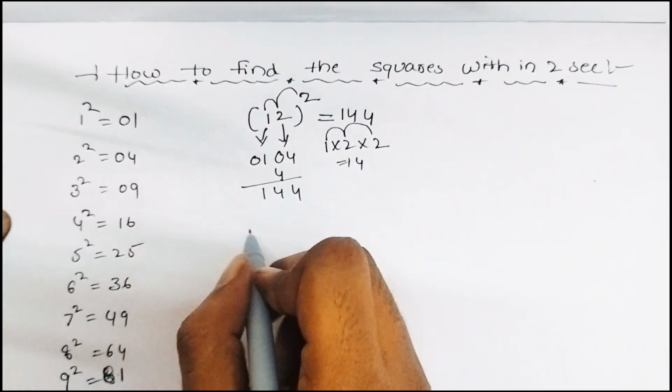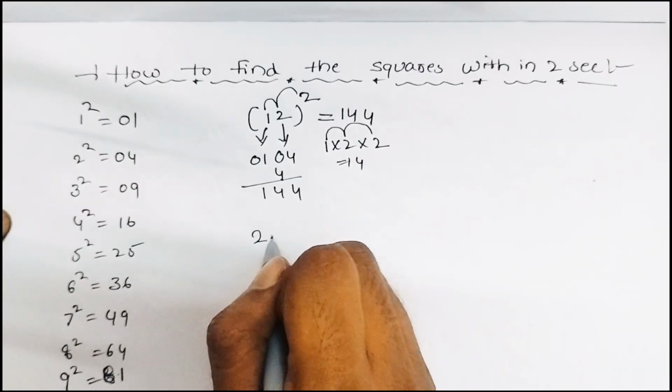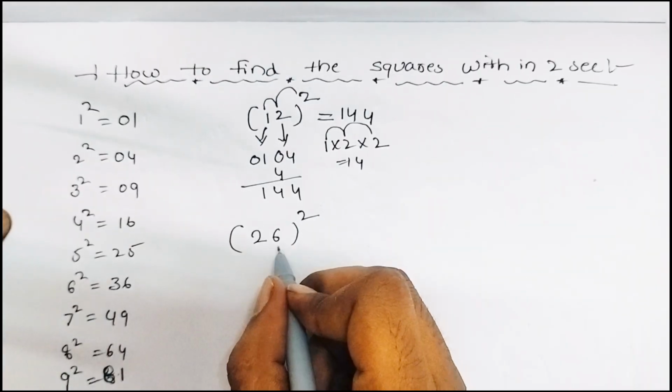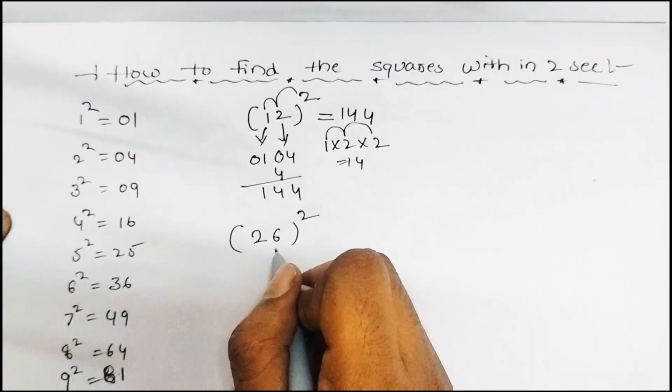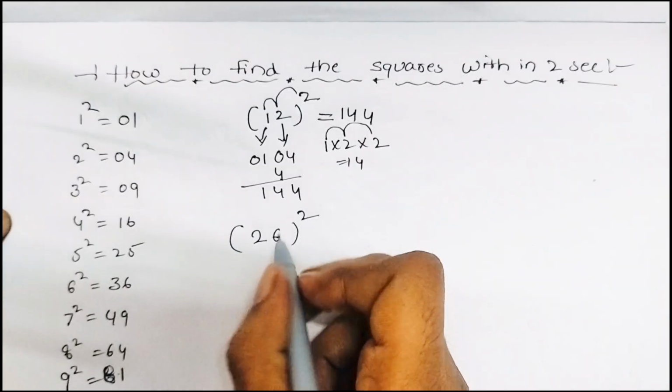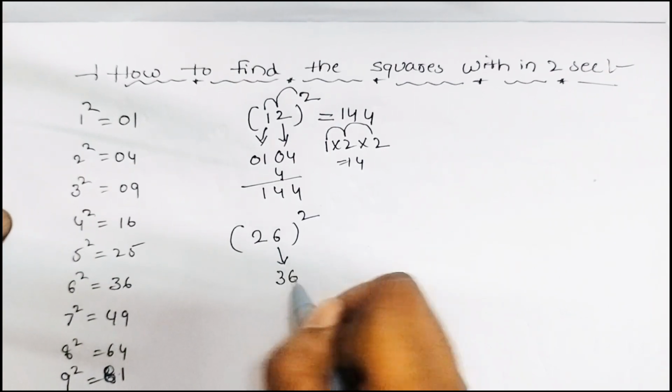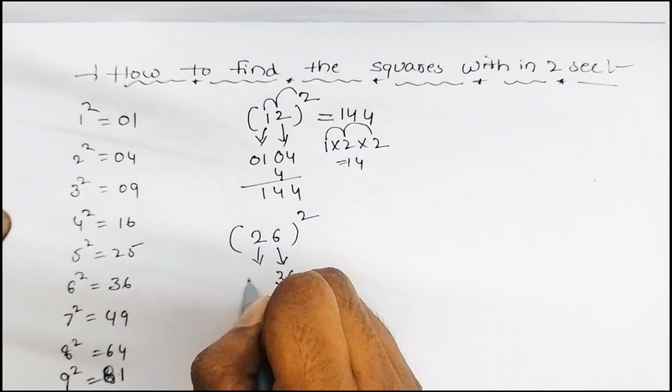We discuss one more number, that is 26 square. Let's take 26 and find its square. We already know 6 square is 36, and 2 square is 4.